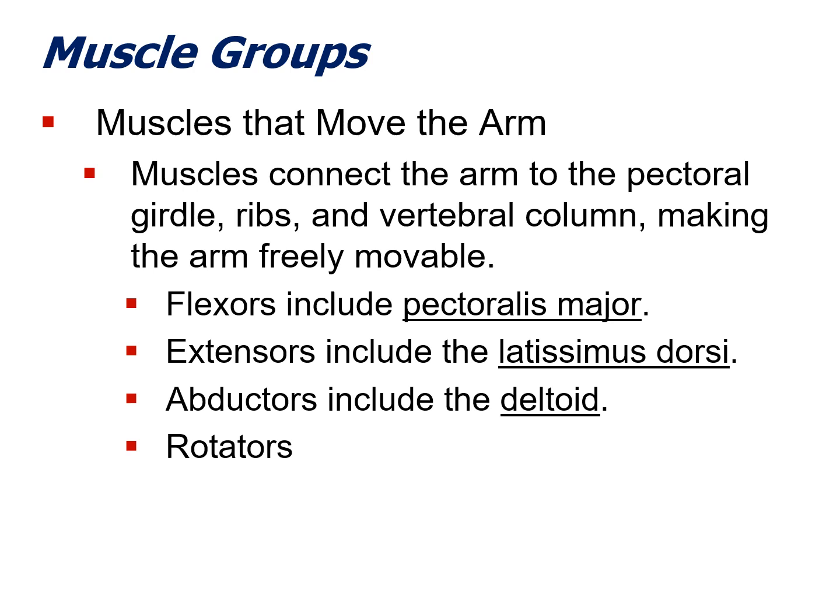When extending the humerus, that muscle is called the latissimus dorsi. And abducting, which means moving away from the body, you abduct from the midline, is the deltoid. Okay, and then there's several rotators as well, but we're not including those on our list of muscles to learn.